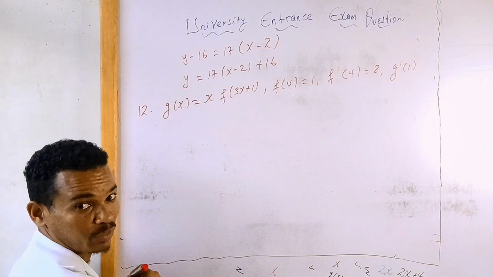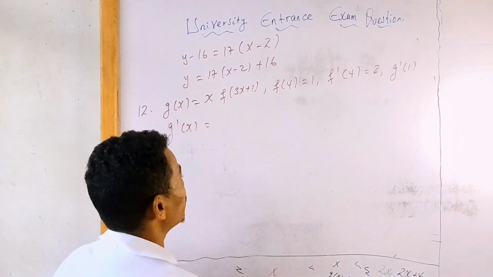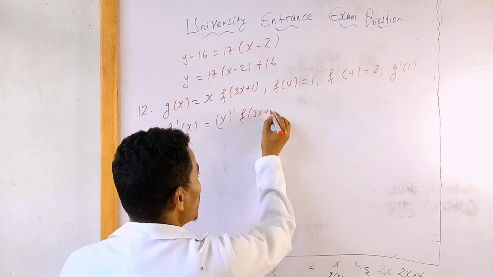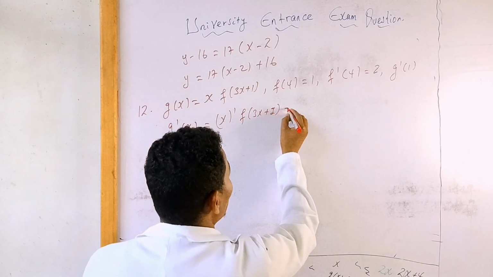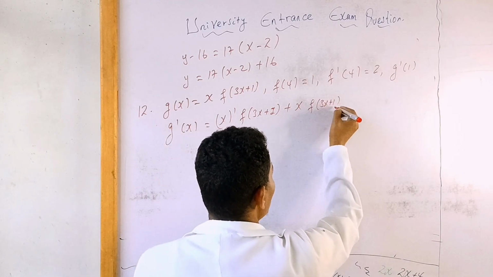We take the derivative with respect to x using the product rule. g derivative at x is equal to x derivative times f of 3x plus 1, plus x times the derivative of f of 3x plus 1.